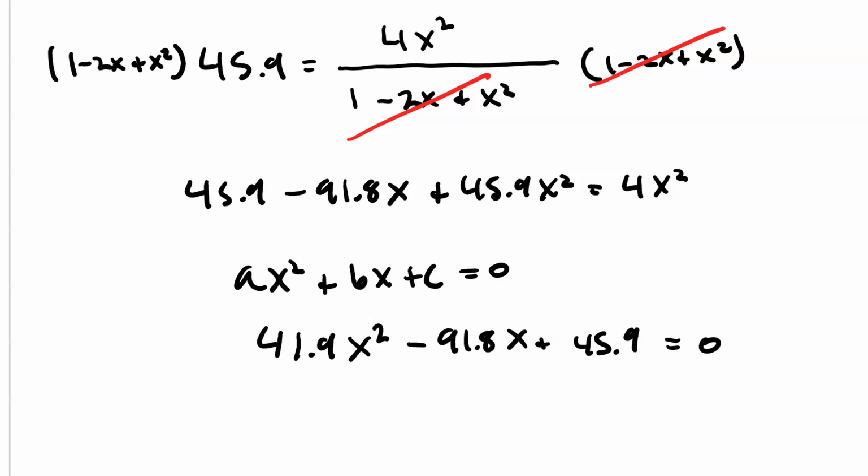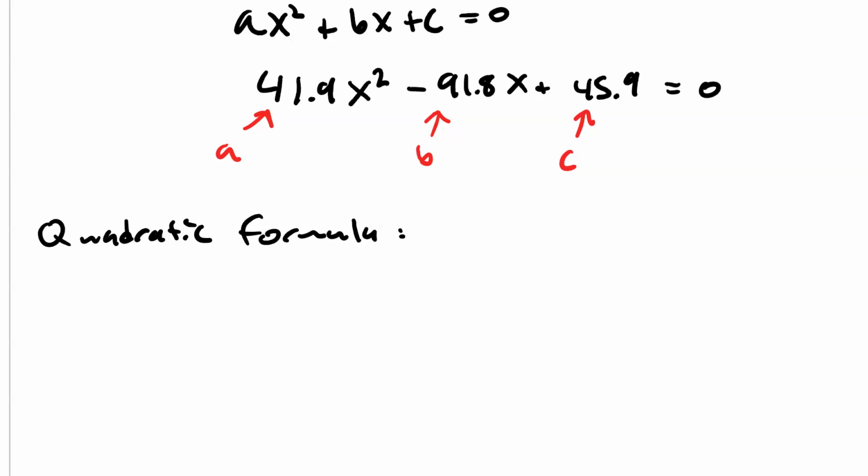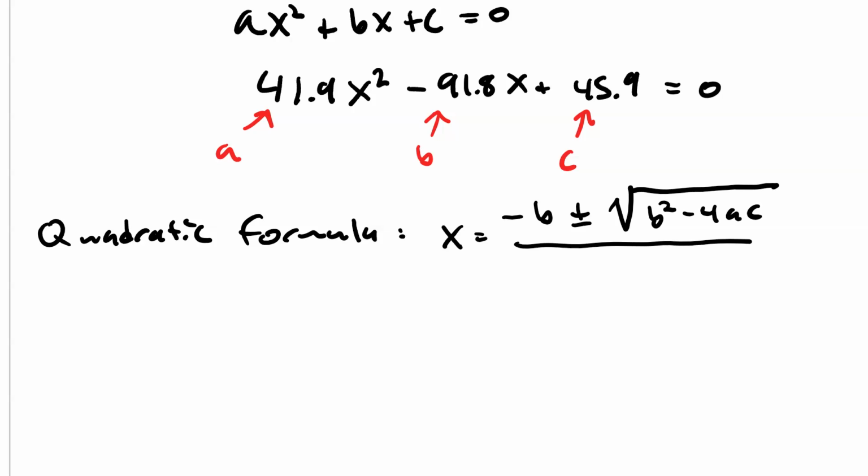So, 41.9 is A, negative 91.8 is B, and 45.9 is C. We now use the quadratic formula to solve for x. X equals negative b plus or minus the square root of b squared minus 4ac over 2a.